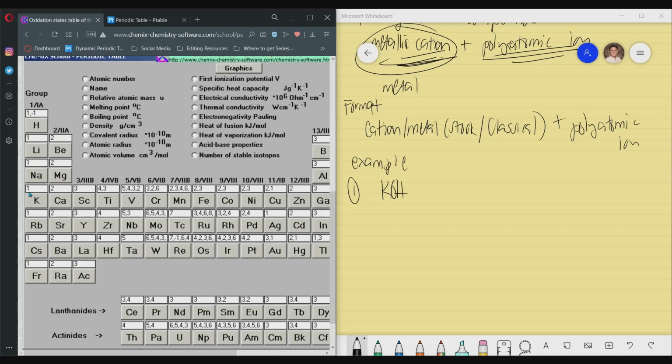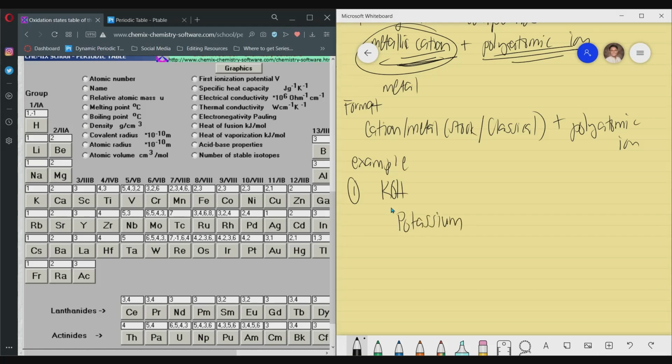At dahil isa lang ang kanyang charge, no need to do stock or classical. Paalala po, kapag si metal ay isa lang ang kanyang charge, wag nang mag-stock or classical. Gamitin lang sa stock or classical kapag dalawa o higit pa. So, lagay ko lang dyan ay potassium.